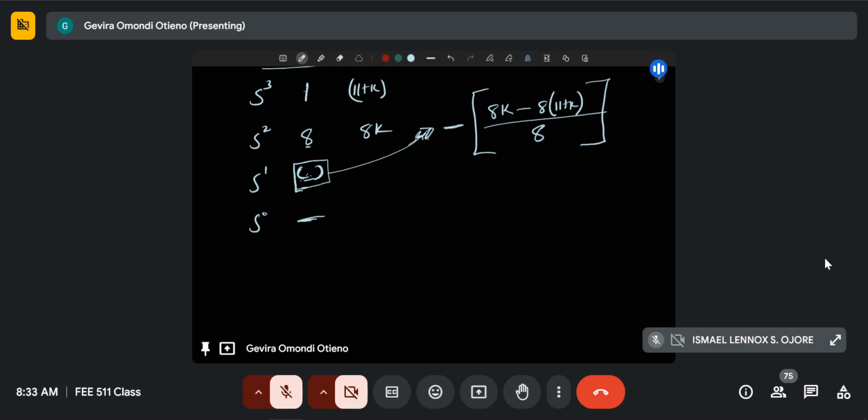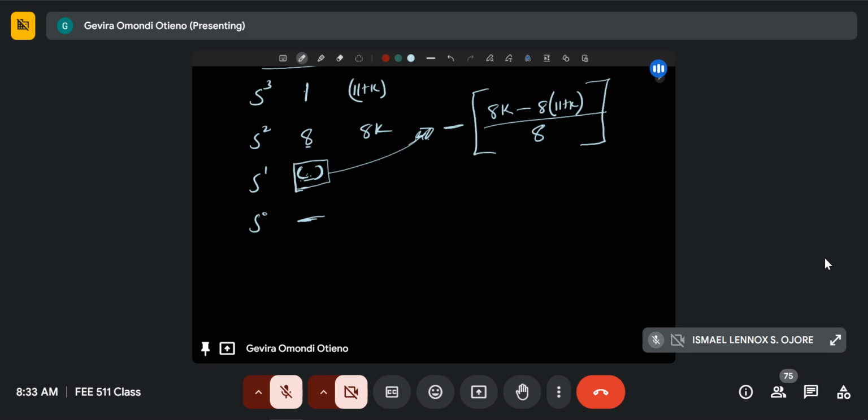Okay, so the rule is, if you have a complete row of zeros, that is what will give you a possibility of an imaginary axis root.